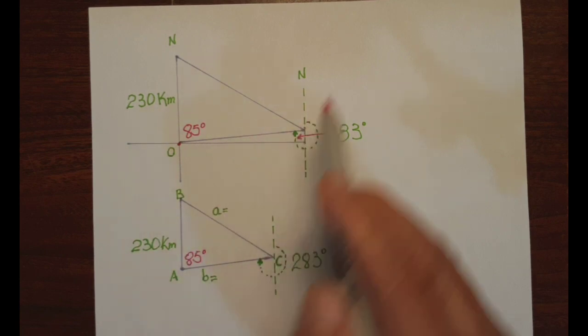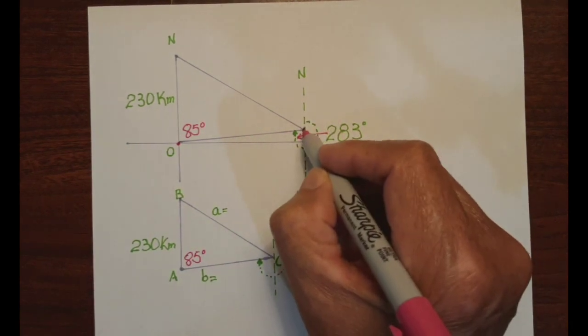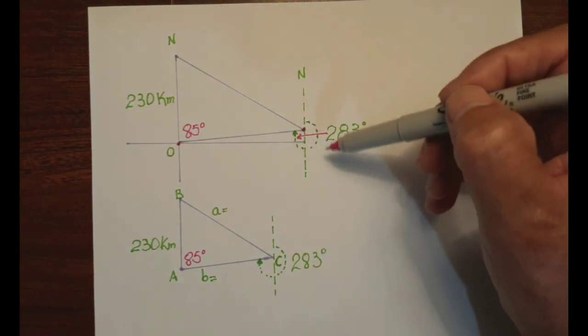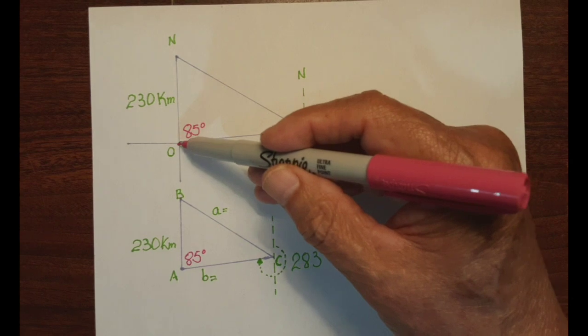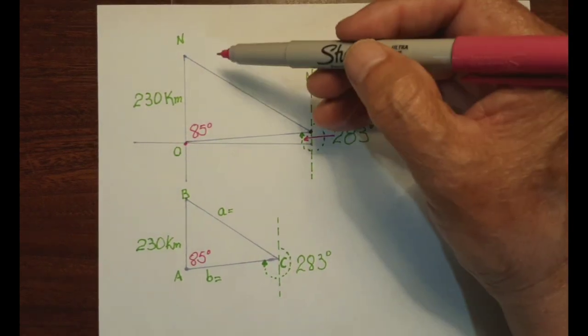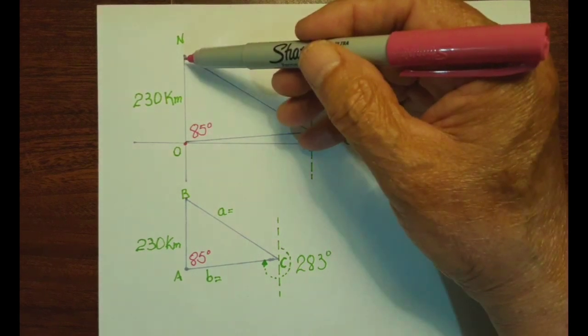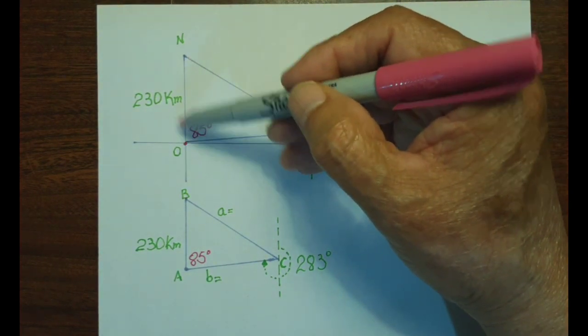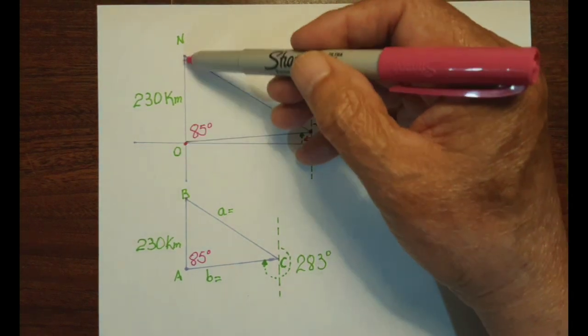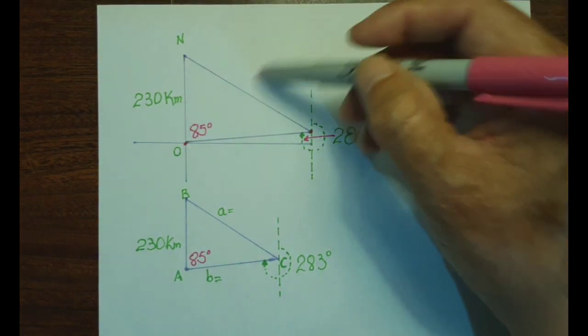And then it arrives to this airport. Because of bad weather, the plane doesn't return to the original airport, but to the other one up north, from this 230 kilometers north. From here to here is 230.